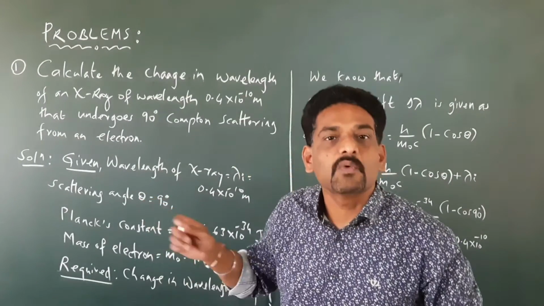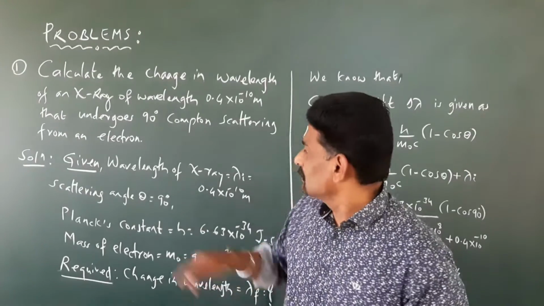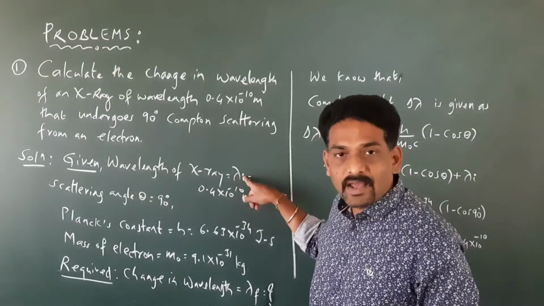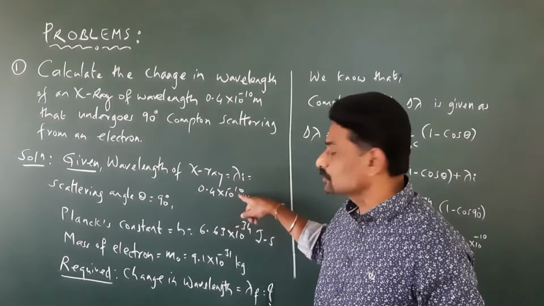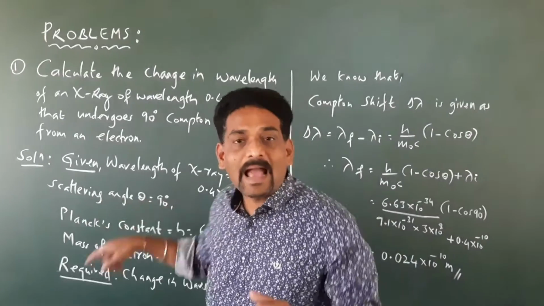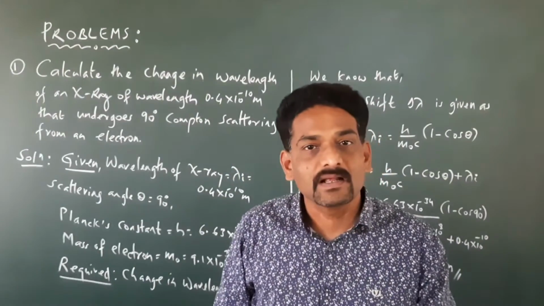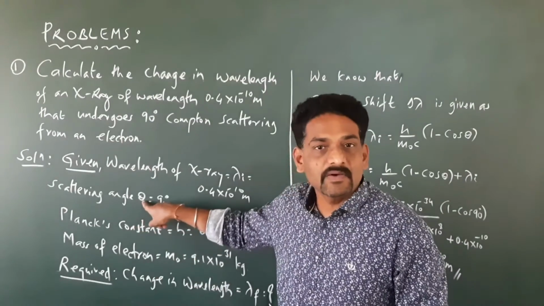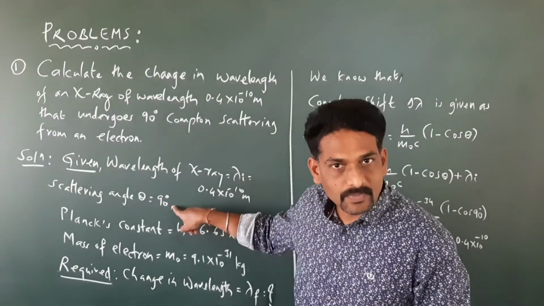In this case, they have given the wavelength of the incident X-ray beam, that is lambda i equals 0.4 into 10 to minus 10 meter. What is the scattering angle? The angle with which the incident X-ray beam undergoes scattering. The scattering angle is given as 90 degree.